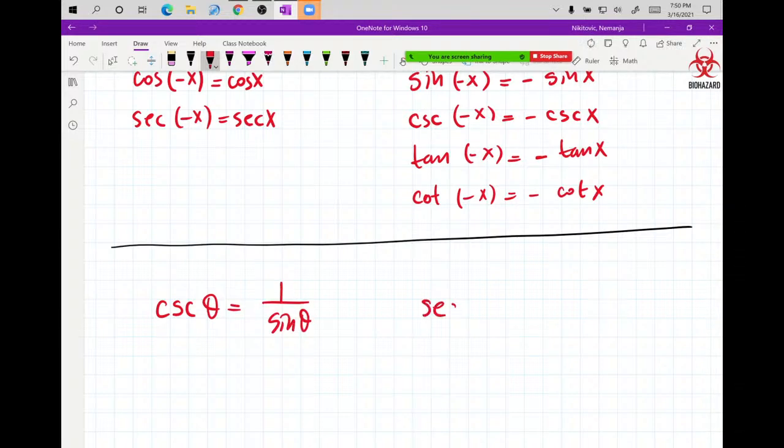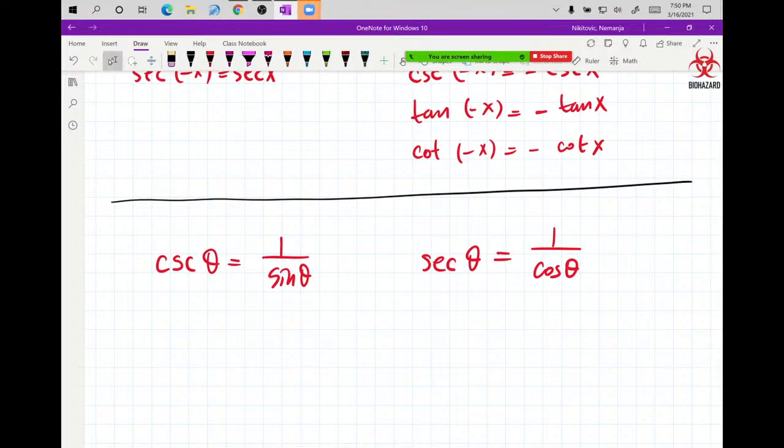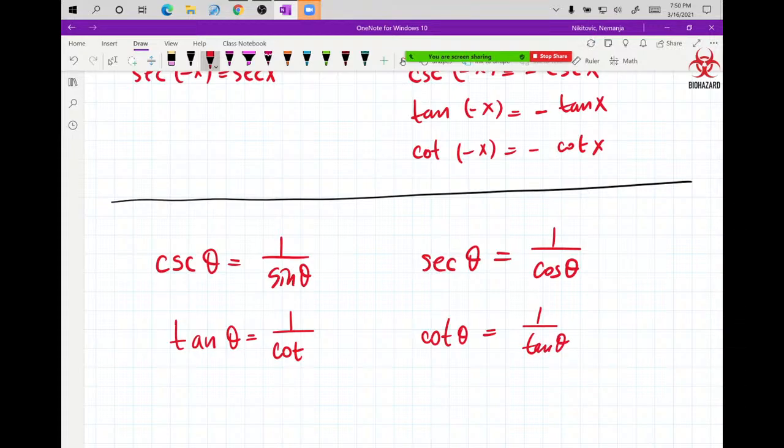We can write that the secant theta is 1 over cosine theta, because they are opposites, they are flips of one another. And we can also write that the tangent theta is 1 over cotangent theta, which would make the cotangent theta equal to 1 over tangent theta.